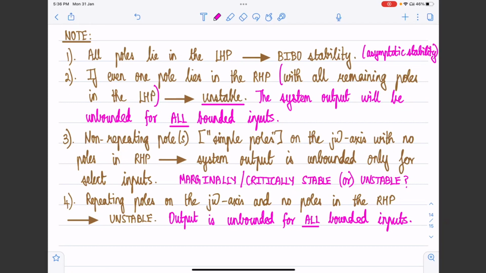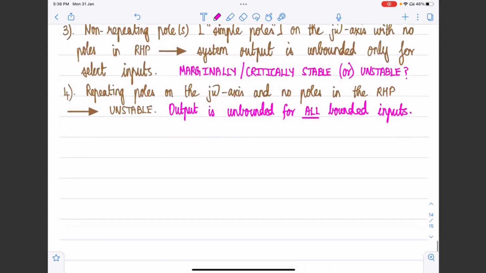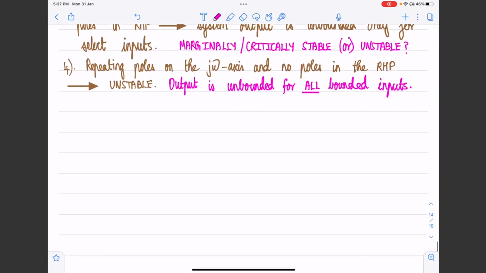Right now, I just want to alert you regarding that. When all poles lie in the left half plane, some people will call the system asymptotically stable. Please keep that in mind. We will see what that means later, when we go to advanced courses in automatic control. Fine, let me carry on.